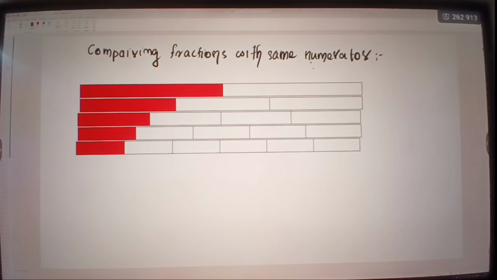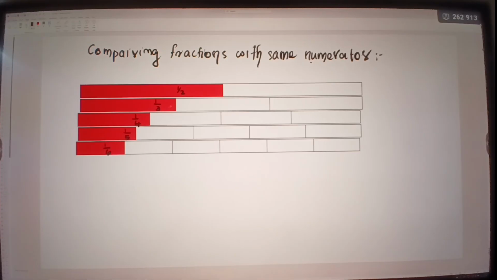So numerator is same. So look here, same thing. So this is 1/2. This is 1/3. This is 1/4. This is 1/5. This is 1/6.